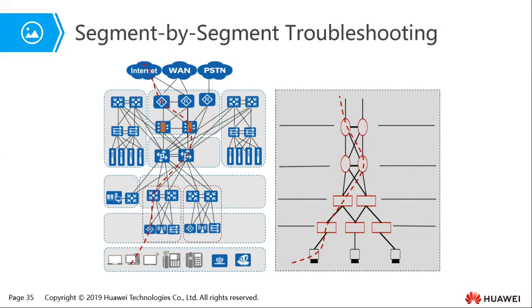If we have a failure at any point, we will be able to know using traceroute that a failure occurs at this point, and that your packet is not passing this particular point. This is what we call segment by segment: we are troubleshooting from the access layer, then we go to the aggregation layer, and then to the core layer.